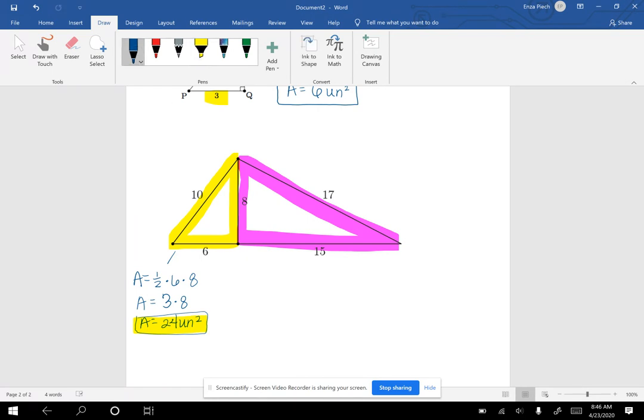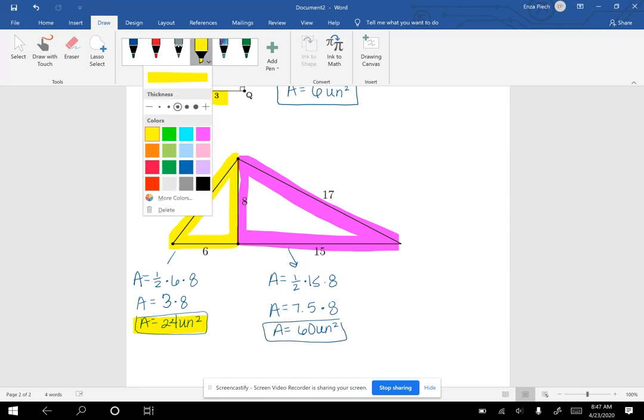Now we're going to move on to this pink triangle. I have area equals 1/2 base, which is 15, times our height, which is 8. So I have area equals 7.5 times 8. So my final area for the pink triangle only is going to be 60 units squared.